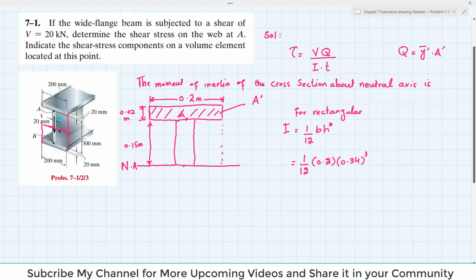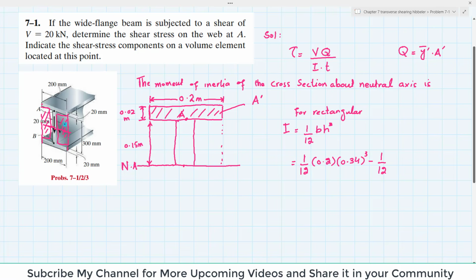So what if I subtract these portions, this portion and this portion? Then I will get the moment of inertia for this I-type shape. What I have to subtract is minus 1/12.